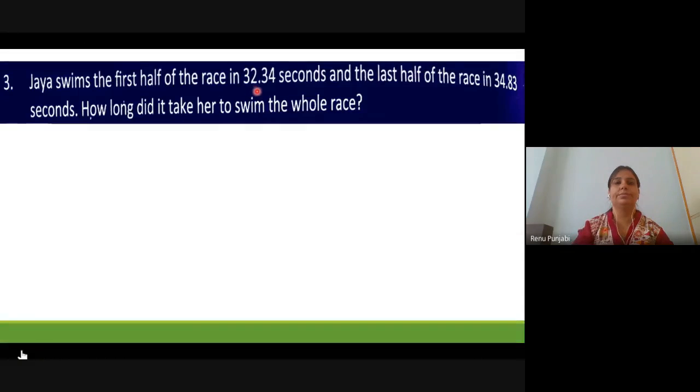Race in 32.34 seconds and the last half of the race in 34.83 seconds. How long did it take her to swim the whole race? Complete race that you have to tell how long did it take her to swim. Now what you will do for that?